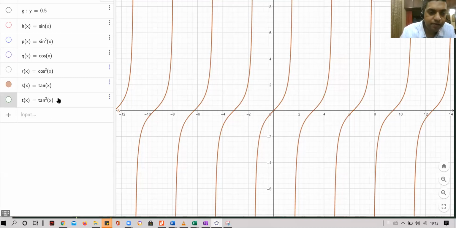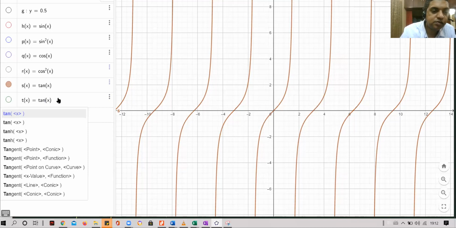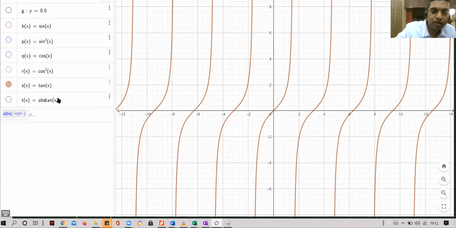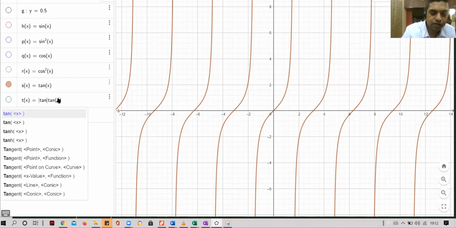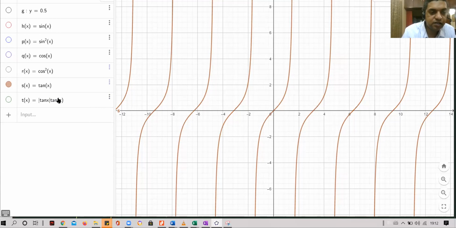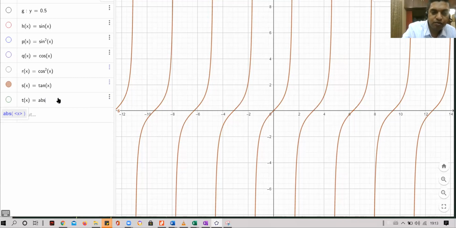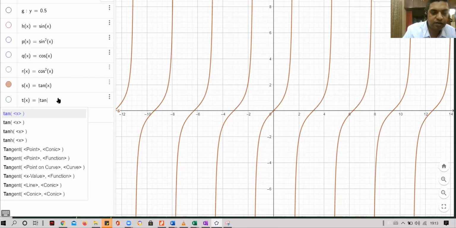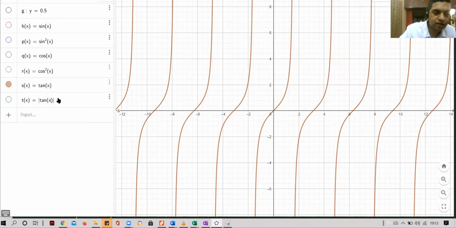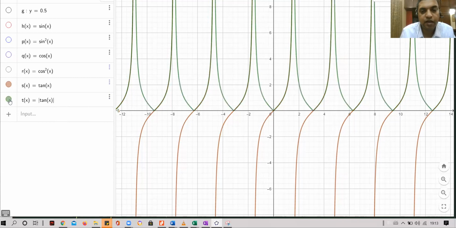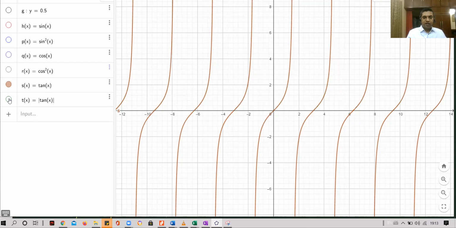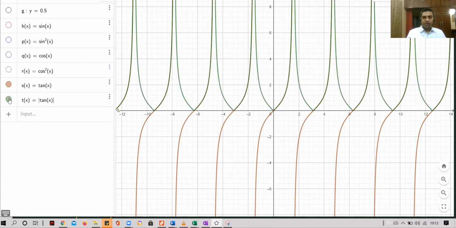So absolute value of tan x. This is the absolute value of tan x, the green curve. See this? This is tan x, absolute value of tan x.